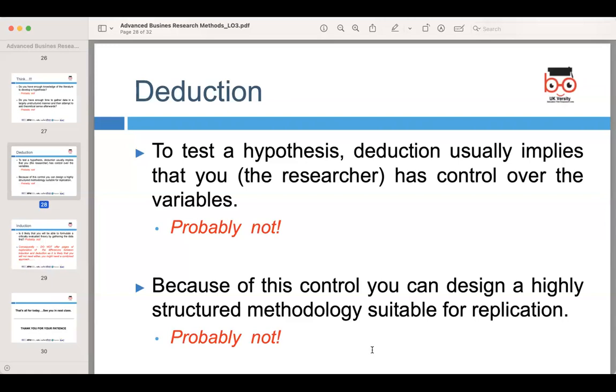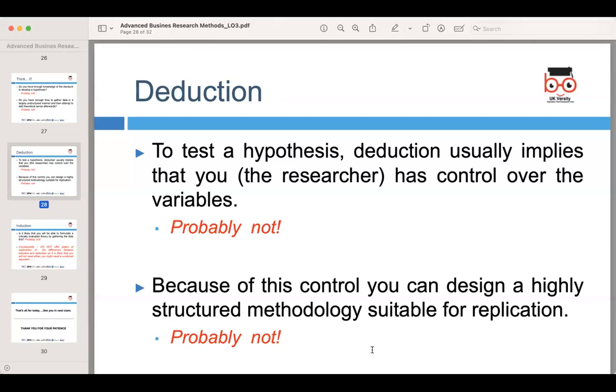Deductive reasoning involves making logical connections between premises and drawing conclusions based on them. These premises can come from a variety of sources, such as previous research, existing theories, or empirical evidence. So while control over variables can certainly be advantageous, it is not a prerequisite for using deduction to test hypotheses.